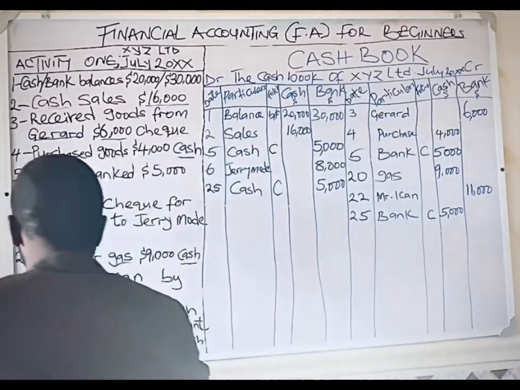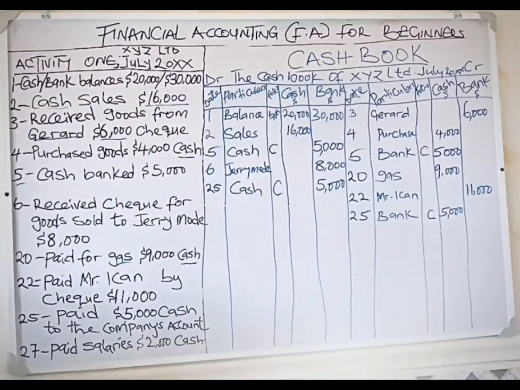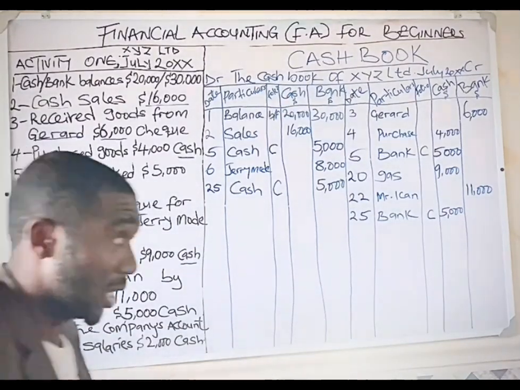Okay, let's proceed. The 27th July, we pay salary. Paid salary, $2,000 cash. It's also a credit transaction because the cash is going and it is not check.